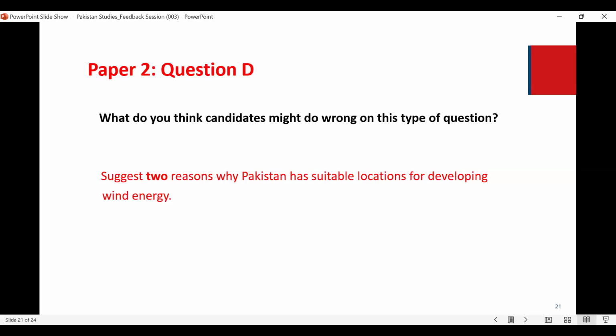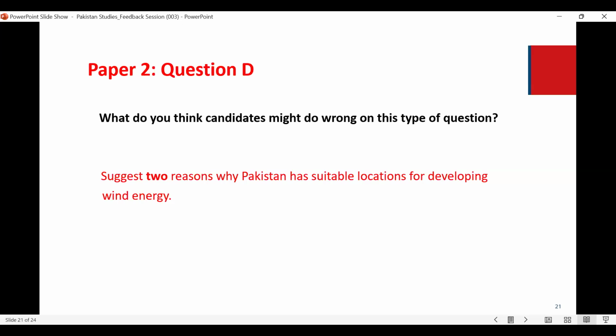So successful candidates are going to give 2 reasons. If they give more, of course, they're not going to get any more marks. So it's balancing that out. They don't want to be wasting time. They need to make sure that they give that outline reason, they expand on that reason, and they do that twice. Okay.